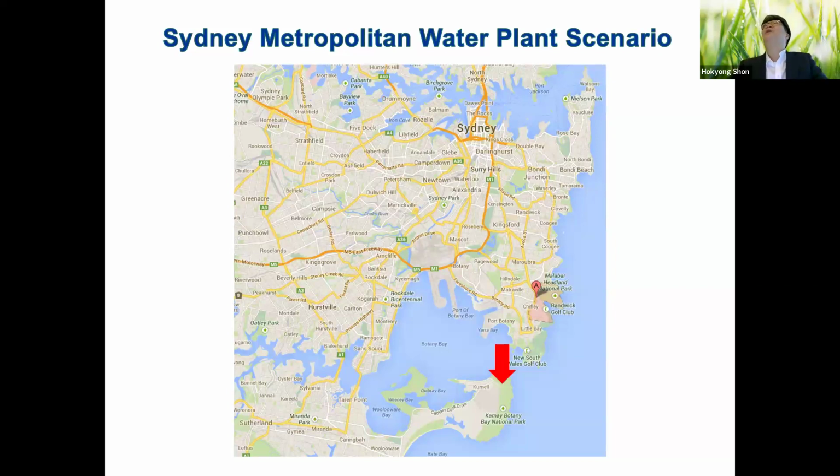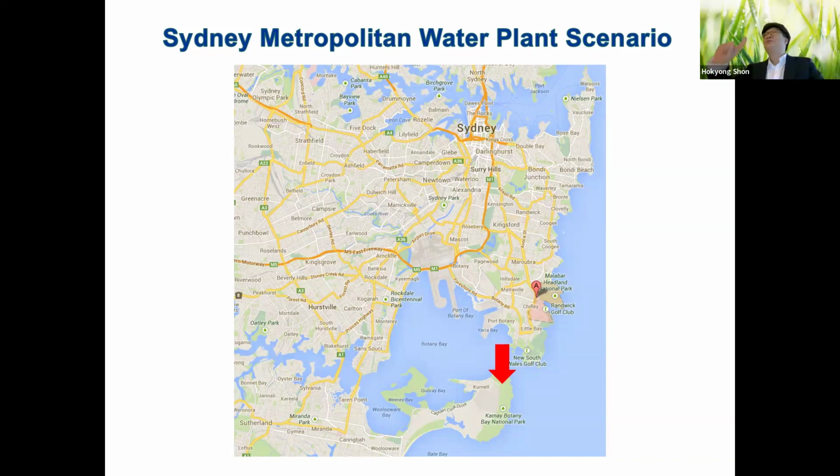So you mentioned 250 million liters per day. Yeah, which means 250,000 cubic meters per day. So you have to consume 250,000 times 4 kilowatt hours per cubic meter every day.